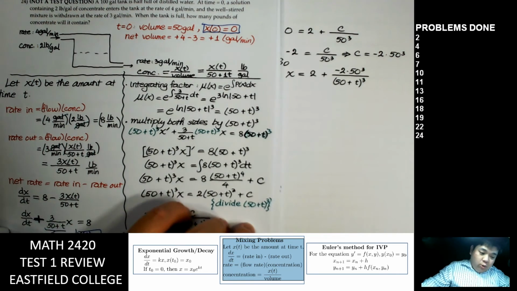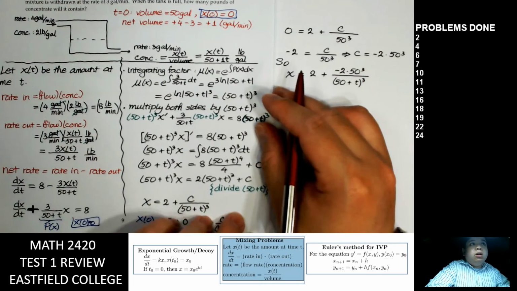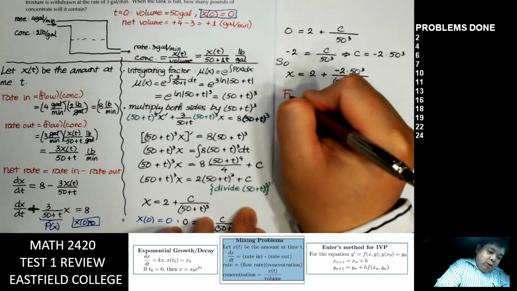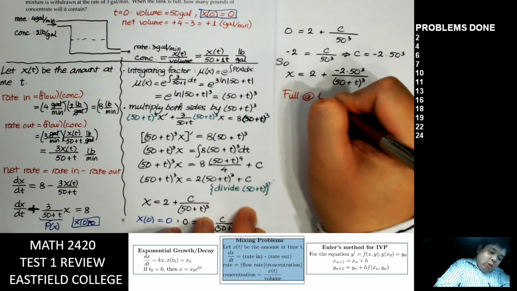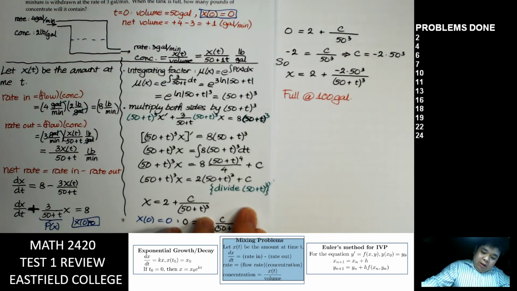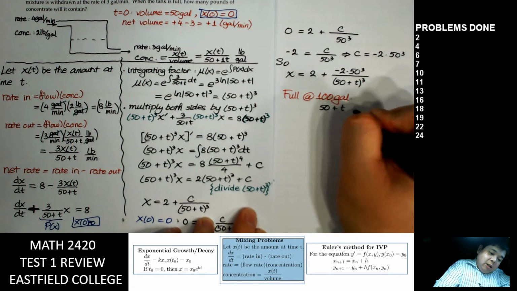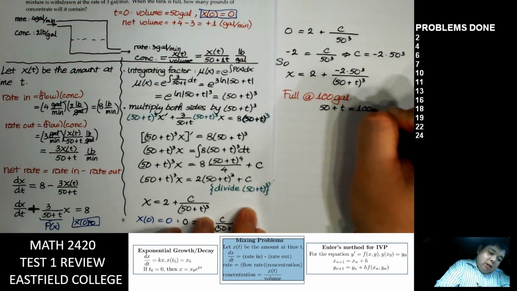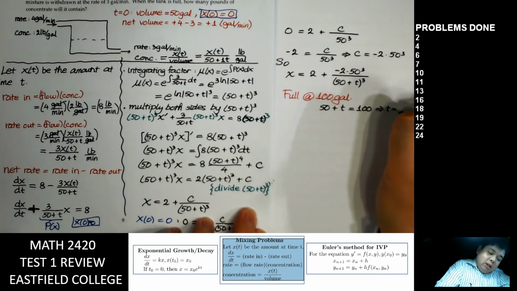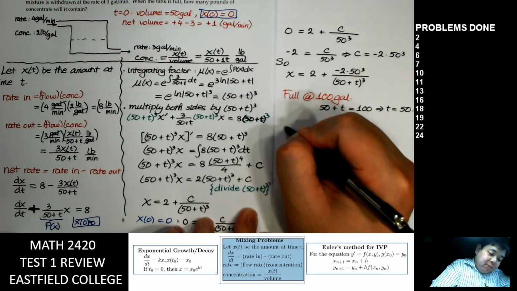So when it's full, let me write it down. It's full at 100 gallons, meaning 50 plus t equal to 100. So t is equal to 50. So we just need to know when t equal to 50, what is the amount of salt or concentrate left.